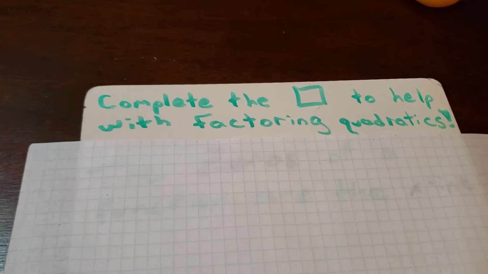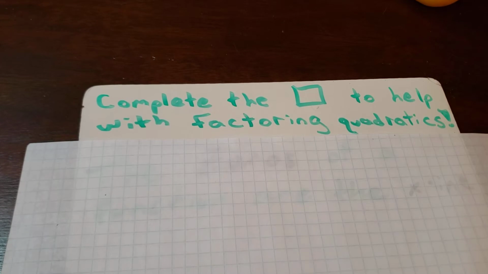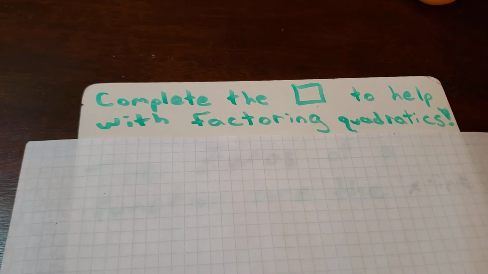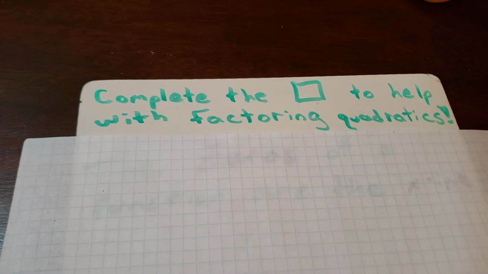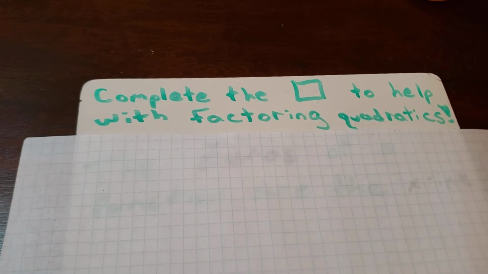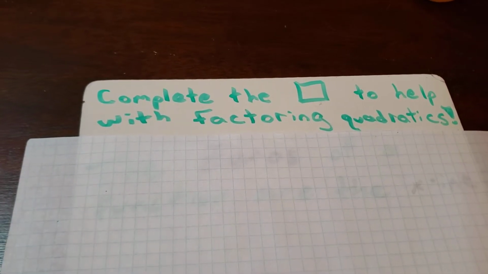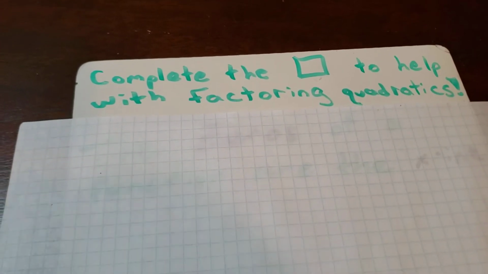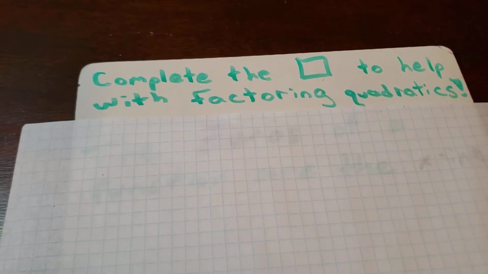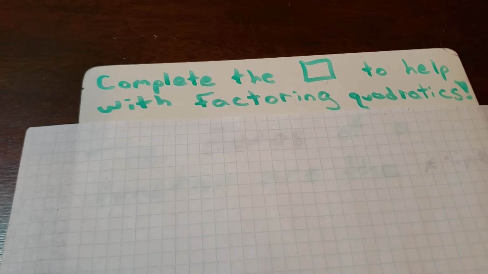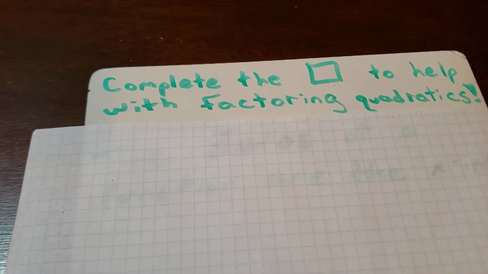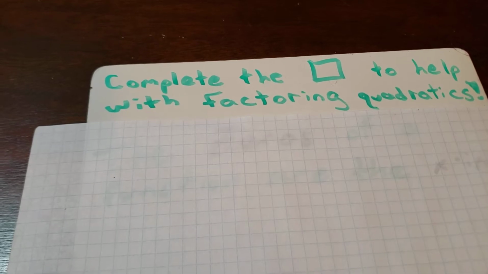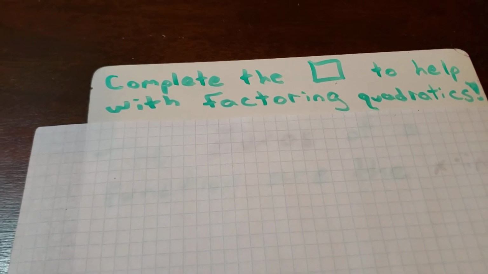Whenever we have a quadratic, those are our x squared functions, an easy way to factor is to complete the square. We know that because whatever that b over 2 term is, that just becomes the second part of our factor. I've got an example that I'll explain in just a second.